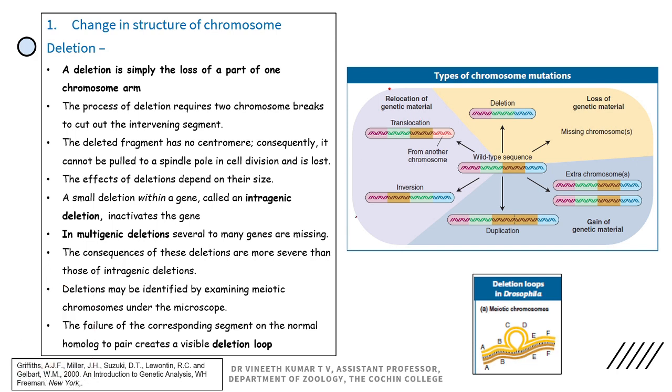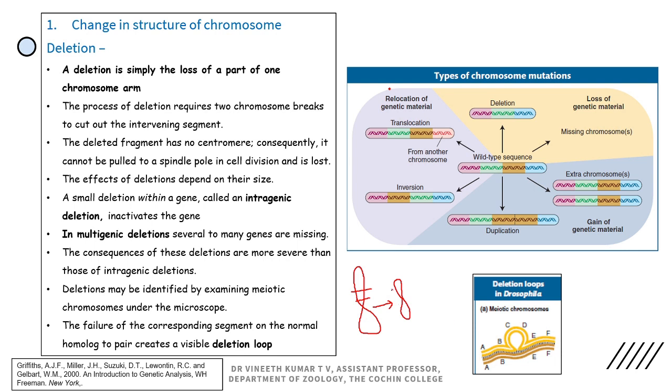So this was a chromosome, okay? And after deletion, a portion of this was deleted. As a result, it becomes smaller than the wild type, because a portion has been deleted.